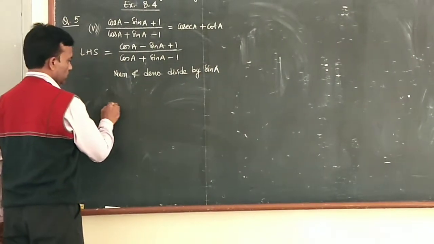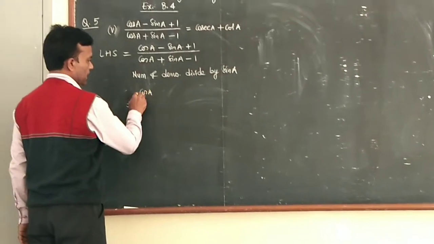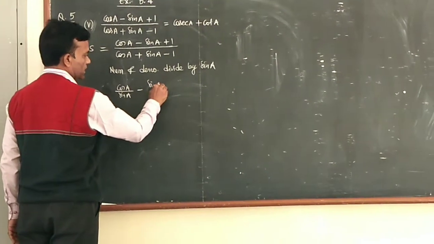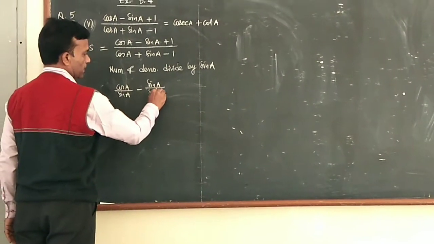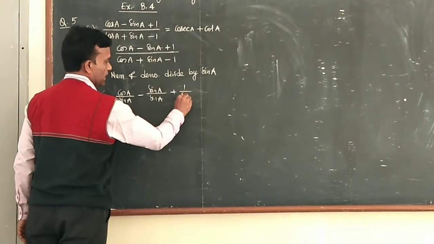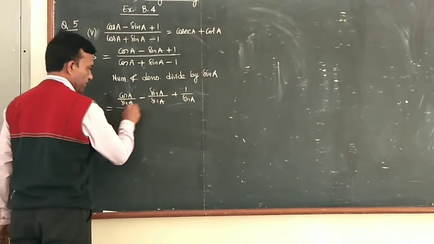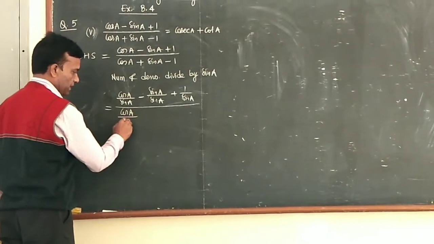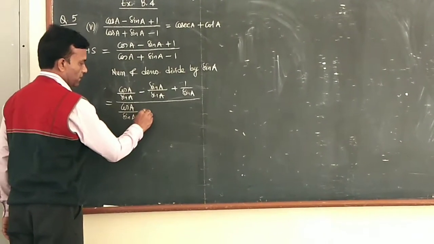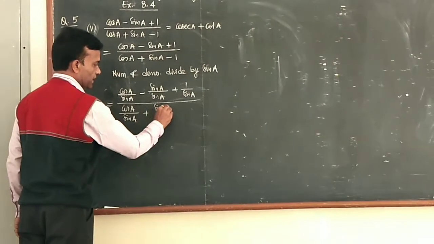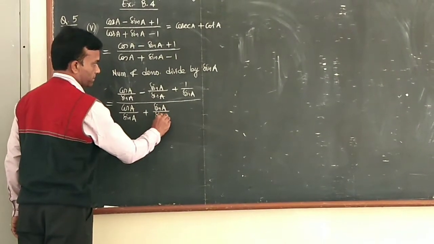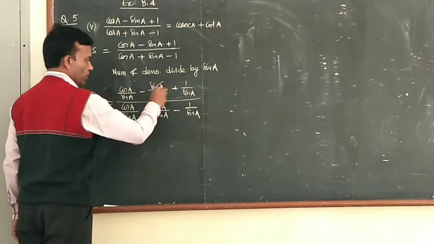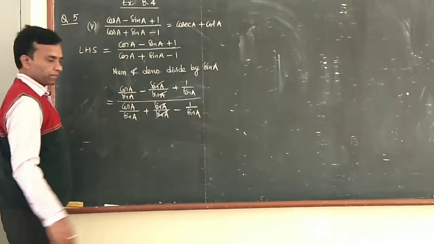So you have cos A upon sin A minus sin A upon sin A plus 1 upon sin A, and you do the same in the denominator: cos A upon sin A plus sin A upon sin A minus 1 by sin A. One value cancels out here.